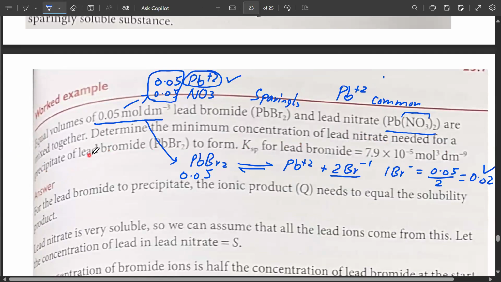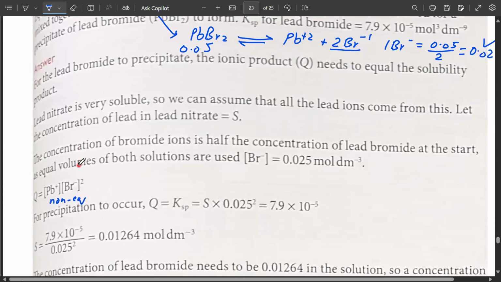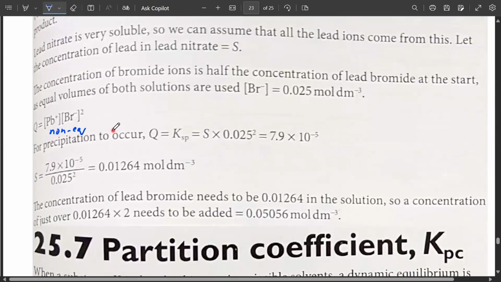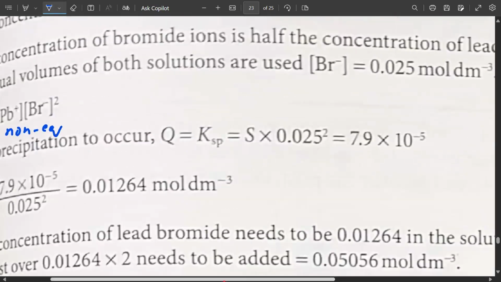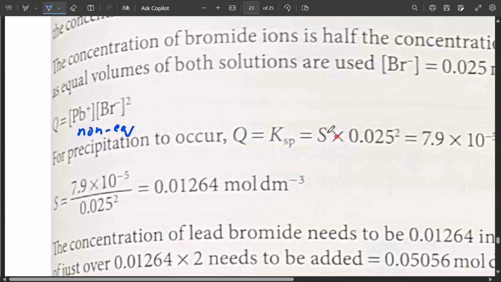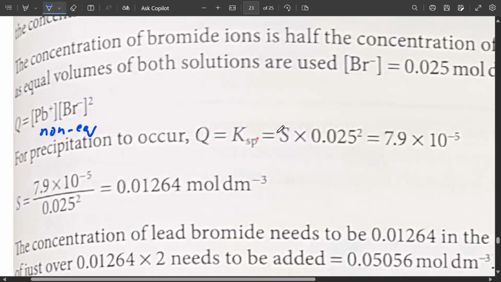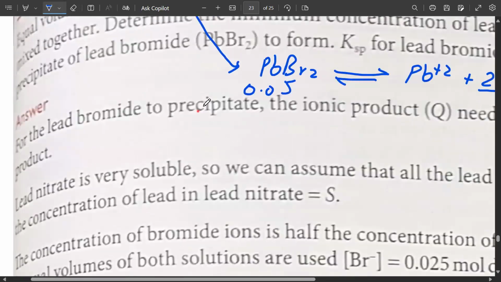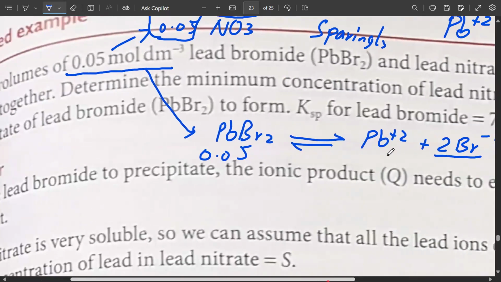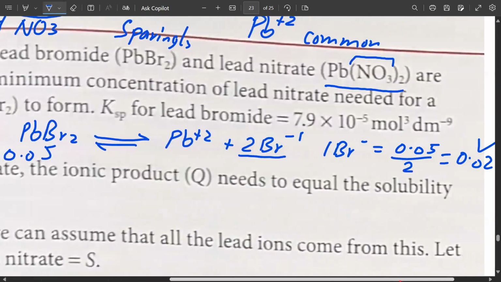If you want to find the amount at which lead bromide will precipitate, we find out the solubility value. The solubility value for the lead ion, because we are supposed to determine the minimum concentration of lead nitrate needed.